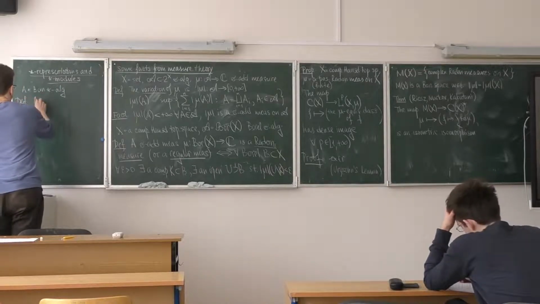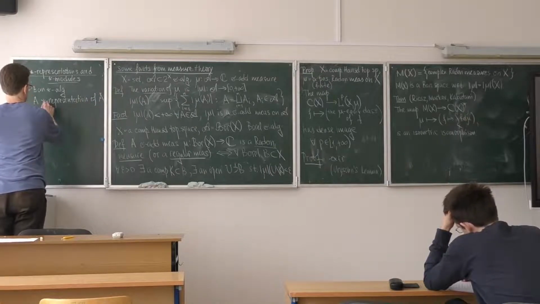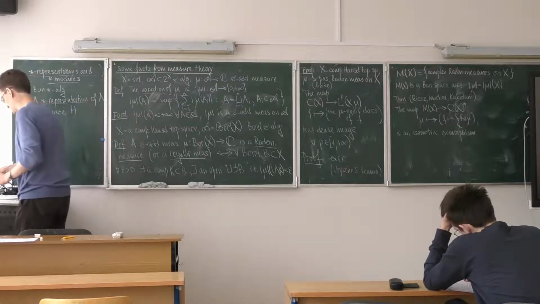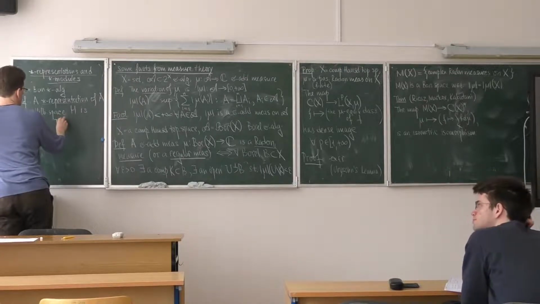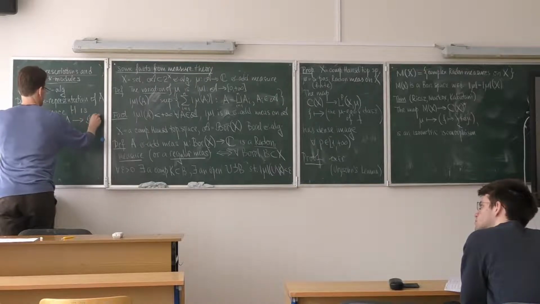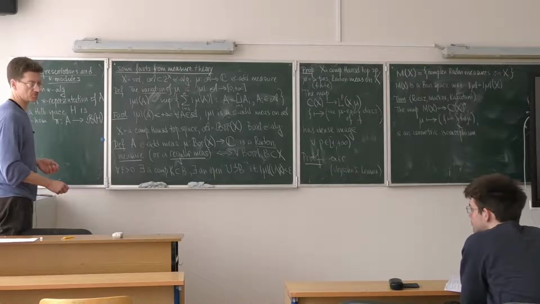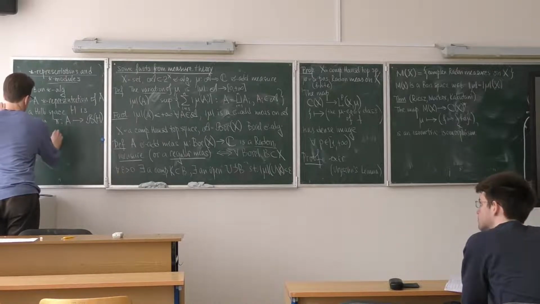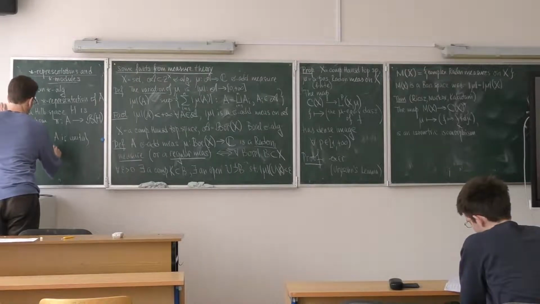By definition, a star representation of A on the Hilbert space H is a star homomorphism pi from A to B of H, the algebra of bounded operators on H. And since we are interested mostly in unital Banach algebras, let's adopt the following convention: that A is unital and pi is also unital, that is, it takes the identity of A to the identity operator on H.